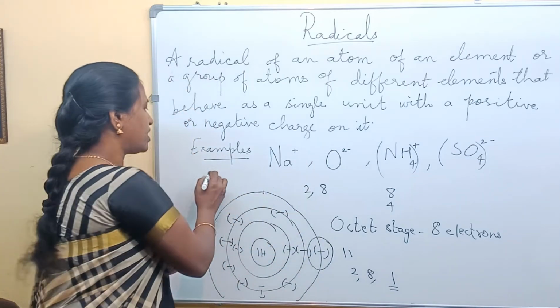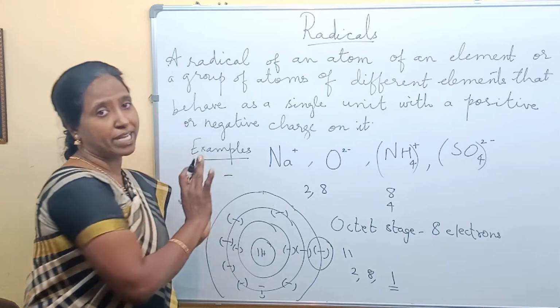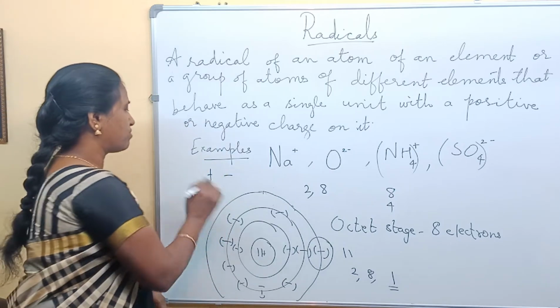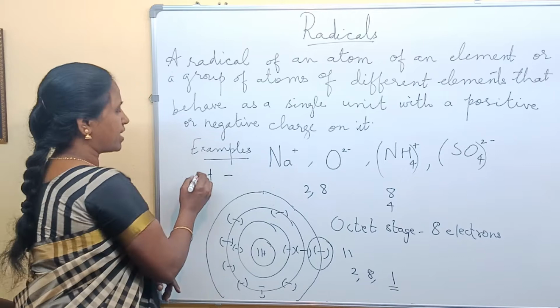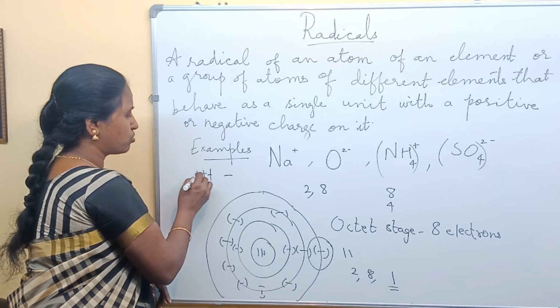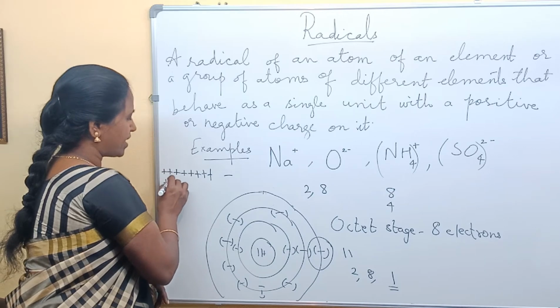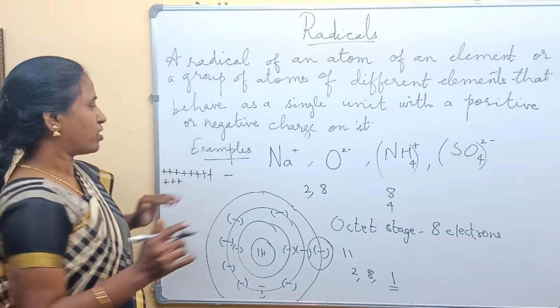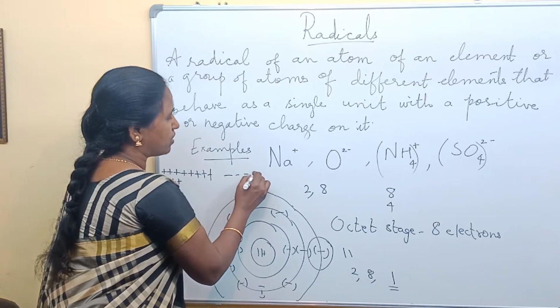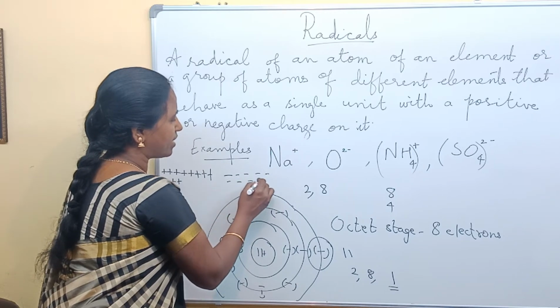Plus and minus were the same. How many plus were there? Those many minus were there. That means 11 plus are there, 11 protons.